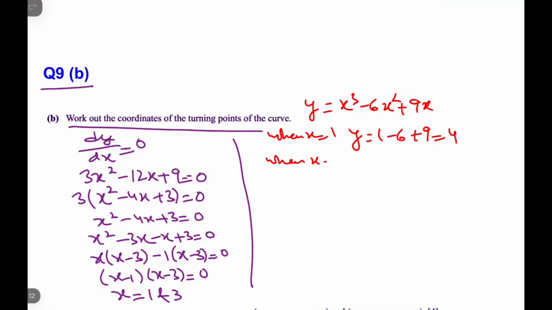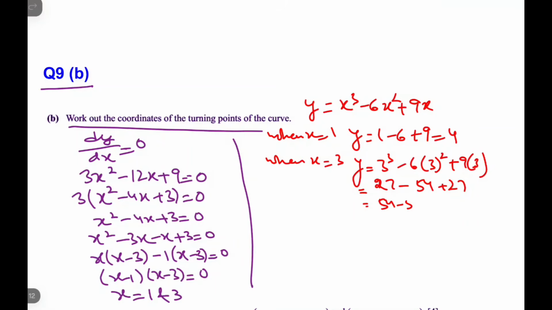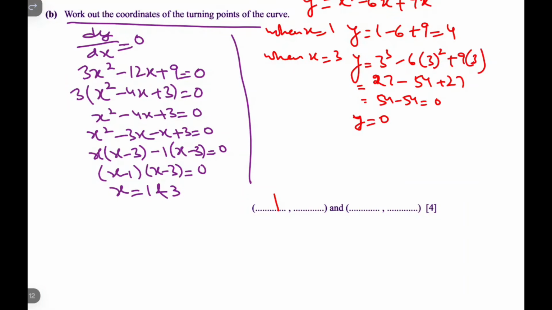So when x is 3, we get y as 3 power 3 minus 6 times 3 power 2 plus 9 times 3, which will be equal to 27 minus 3 square is 9, 9 times 6 is 54 plus 27. 54 minus 54, that is 0. So we get y value as 0. So our coordinates will be: when x is equal to 1, y value is 4. When x is equal to 3, y value is 0, will be our final answer.